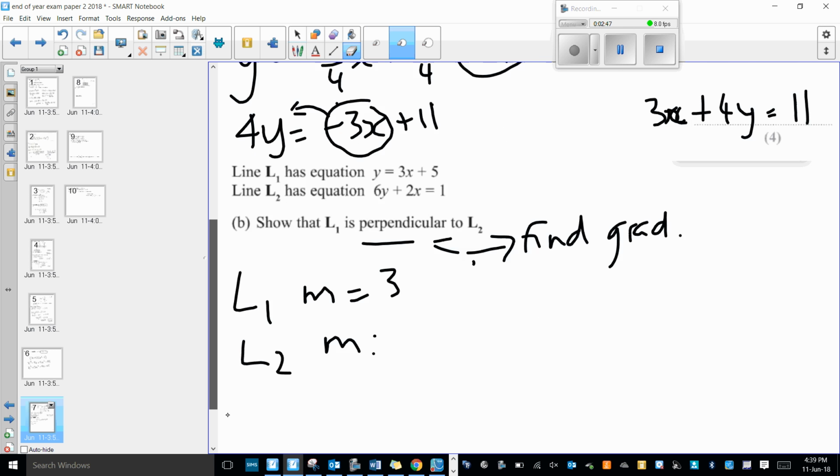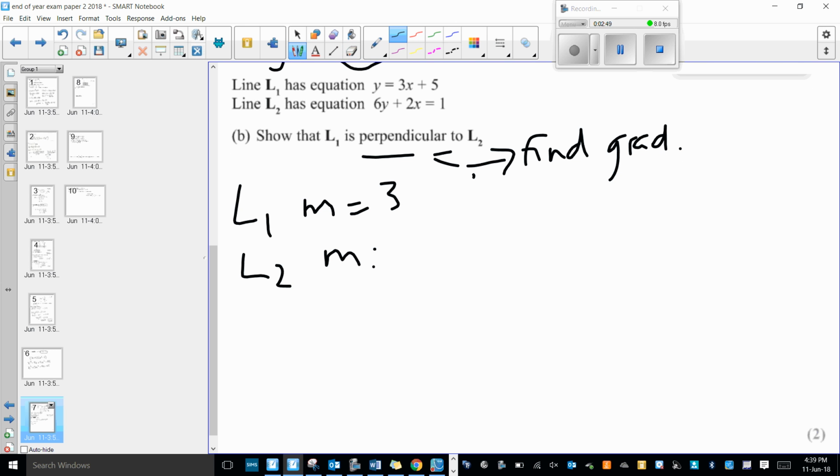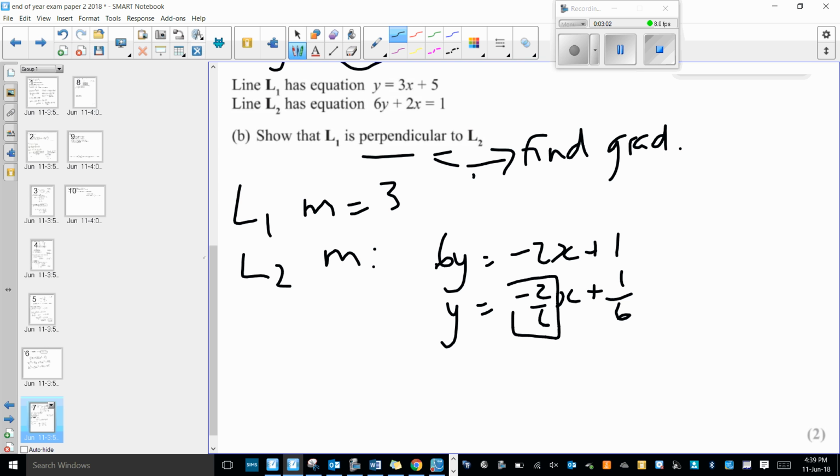So we've got 6y equals negative 2x plus 1, y equals negative 2 over 6x plus 1 over 6. So we've got a gradient here of negative 2 over 6, which is negative 1/3.